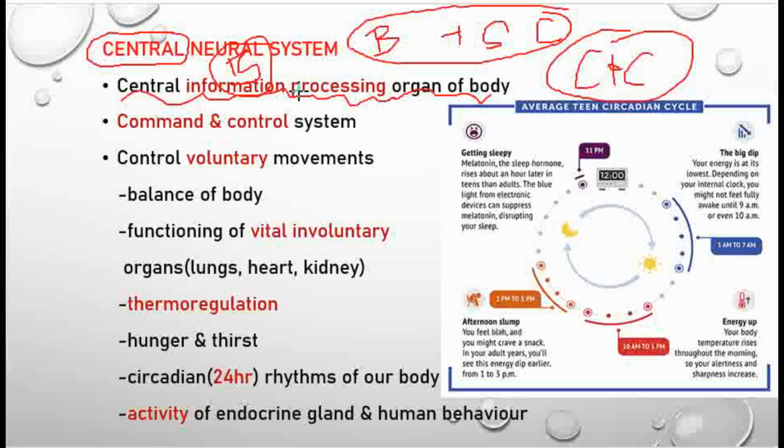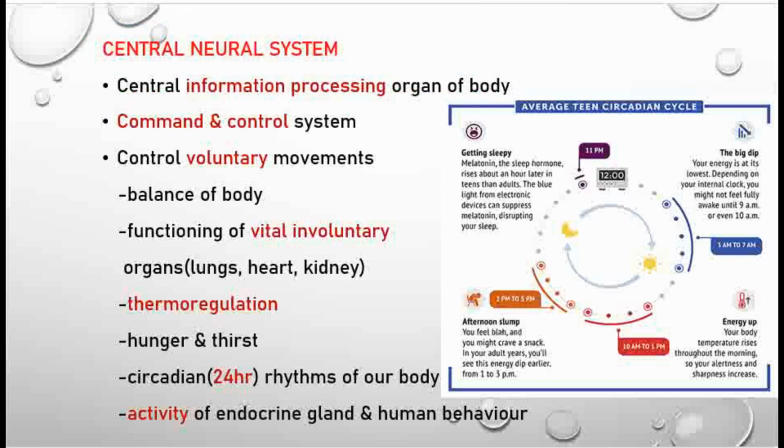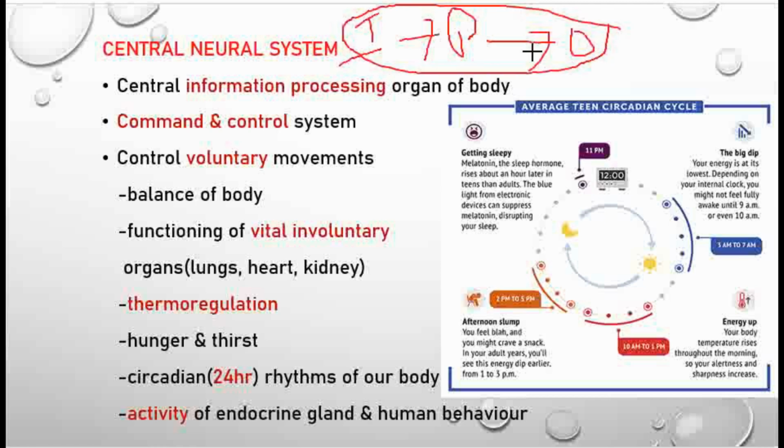Like in a computer, it has an input and it processes the information and we get an output from the computer. Like that same way our brain also works. So for processing information, this is the main central organ of our body.